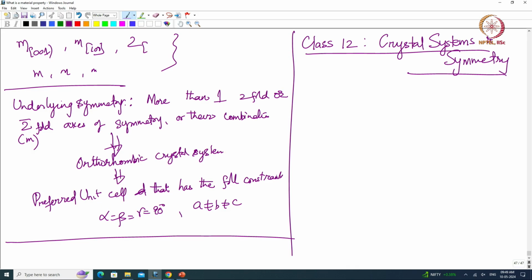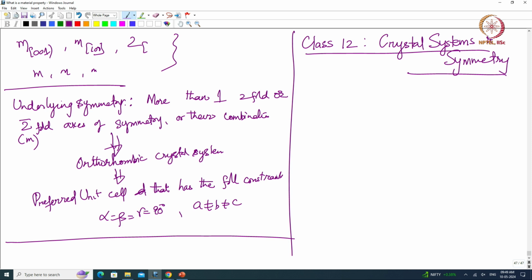Then we moved on to the next system, which is the orthorhombic crystal system, and in the orthorhombic crystal system we stopped at a stage where we said it is not just one two-fold axis of symmetry, but a combination of two-fold axes of symmetry.